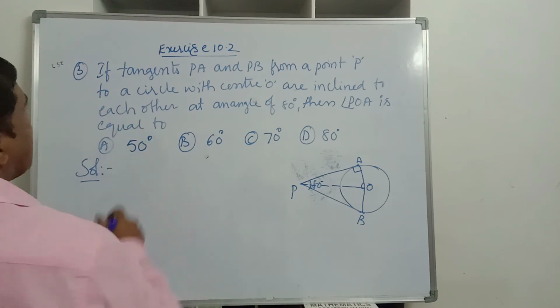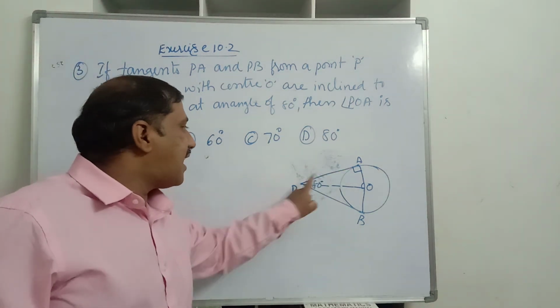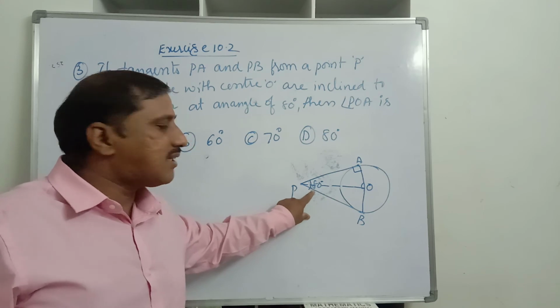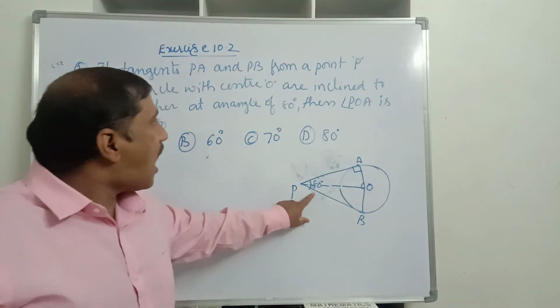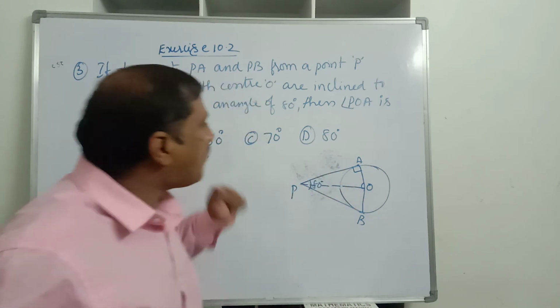Now exercise number 10.2, question number 3. If tangents PA and PB from a point P to a circle with center O are inclined to each other at an angle of 80 degrees, then angle POA is how much we need to find.